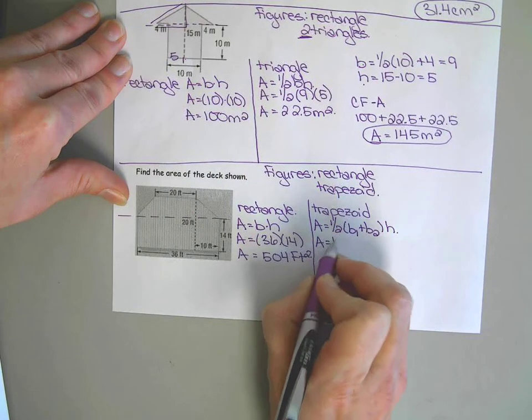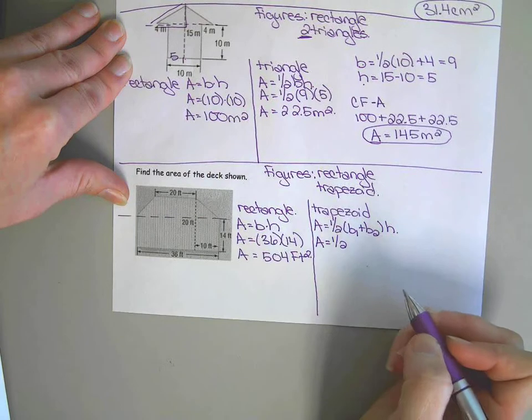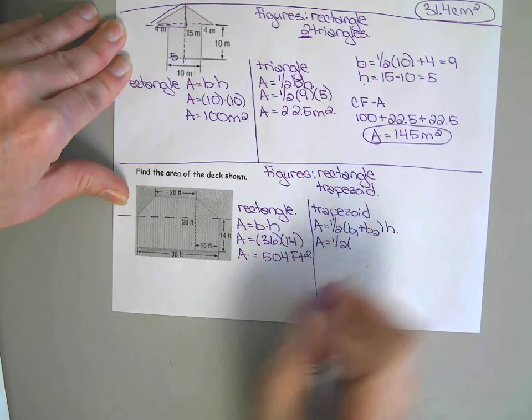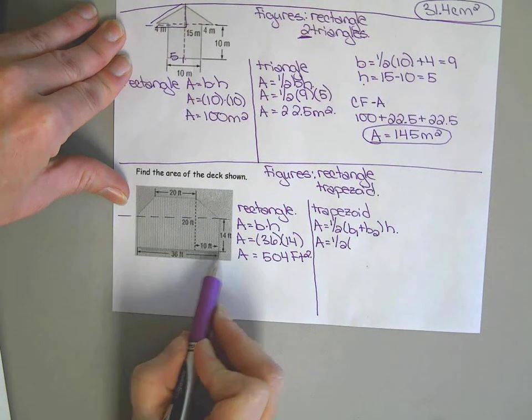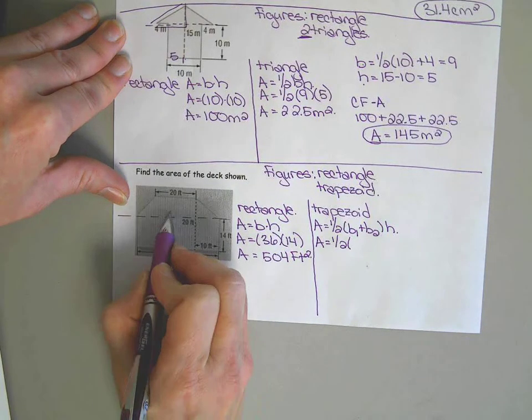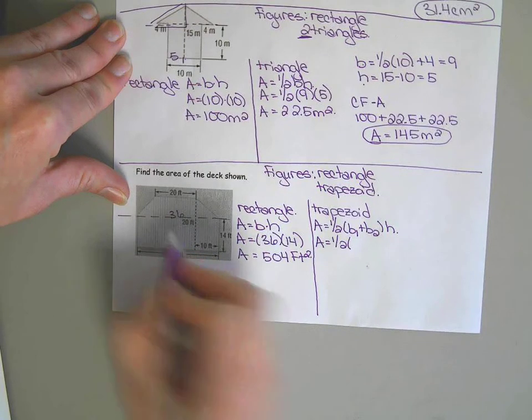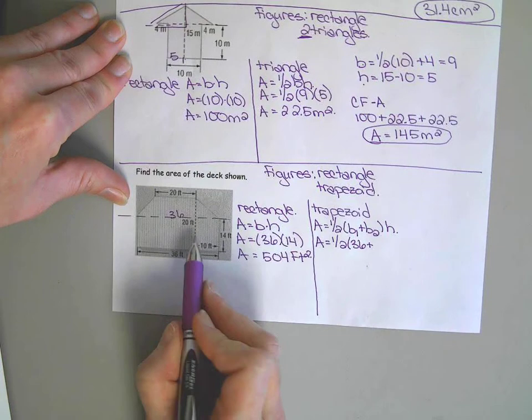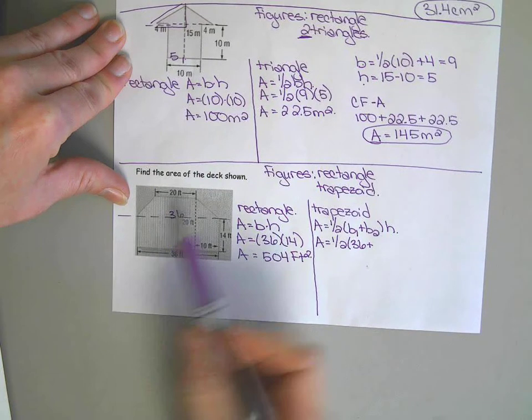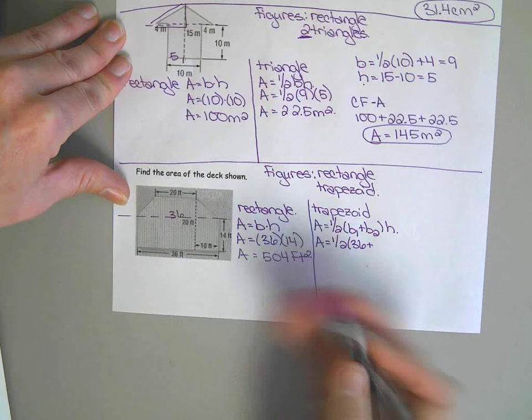So area equals half. Do we know base 1? Base 1 would be, if the bottom of this rectangle is 36, it would be the same as right here for the trapezoid. So it would be 36 plus, what is the other base, or base 2? It would be 20 feet.